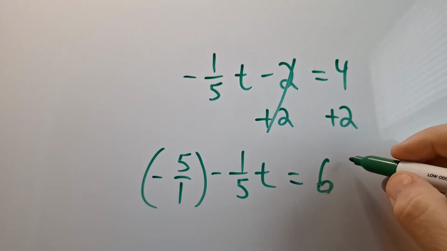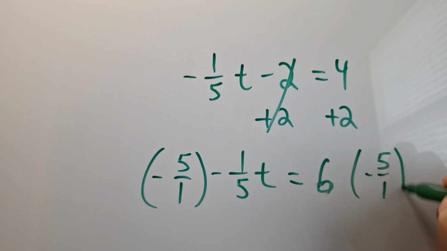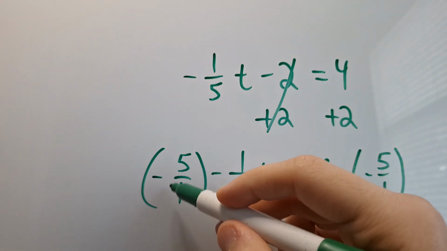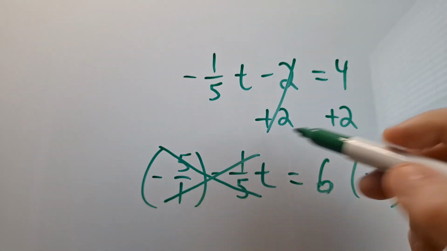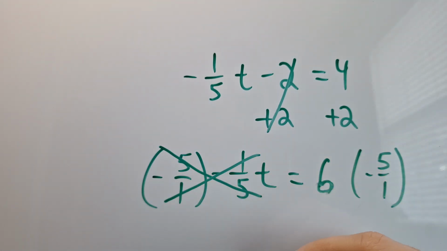That's a 6. Okay. So when you multiply a fraction by its reciprocal, it cancels out. And this was a negative times its negative reciprocal, so our coefficient is positive.